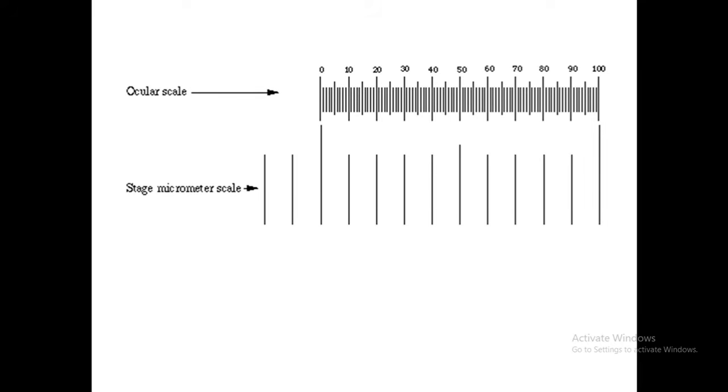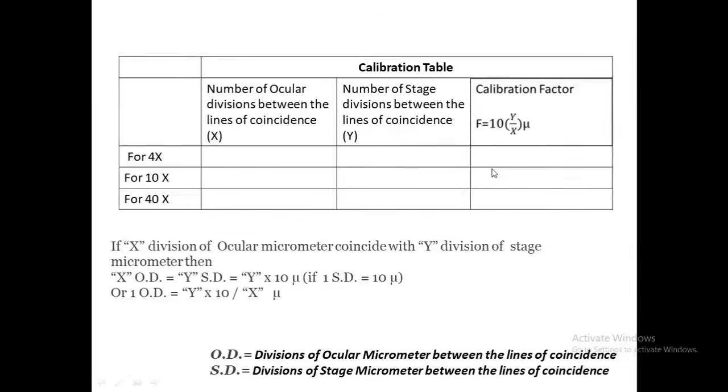Then another line is searched on the ocular micrometer which coincides with another line on the stage micrometer. The number of divisions between the coinciding lines is counted for both the micrometers, and with the help of this table, the calibration factor for the objective can be calculated.